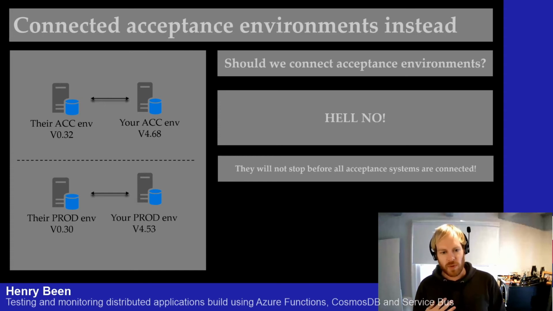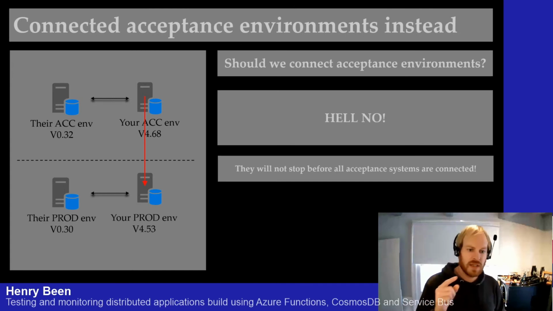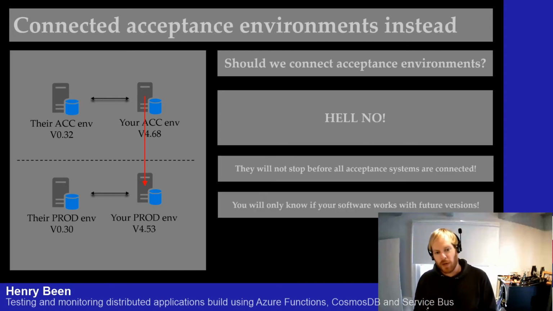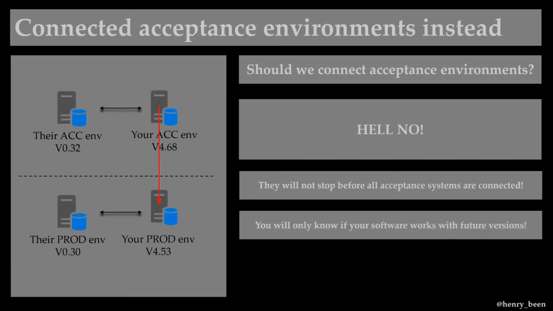Now, when we want to deploy to production, all the test results in our acceptance environment are actually becoming invalid, because we have verified that our 4.86 can work with their 0.32. But actually in production, we're going to work with their 0.30. So we only know if our component is going to work with their future versions and not with their actual versions in production. So I think that's another reason against all kinds of connected pre-production environments.